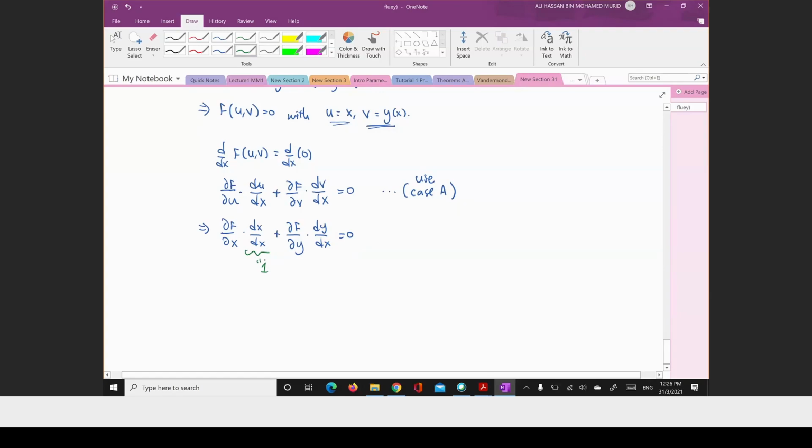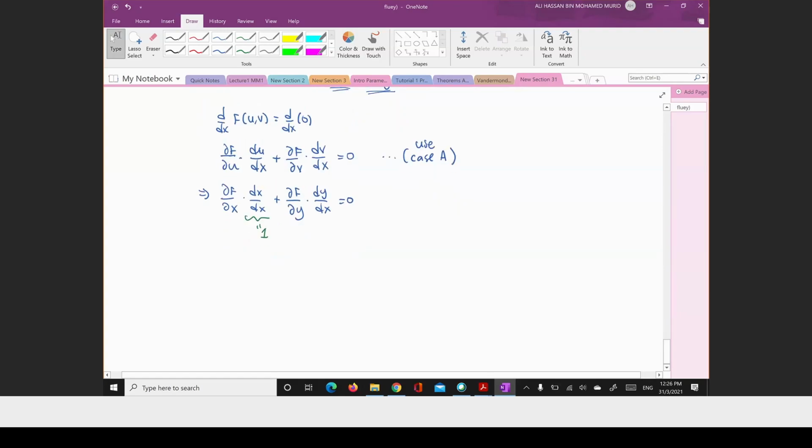So now I can solve for dy dx from this equation: dy dx is equal to minus f partial x divided by f partial y. So this is another formula to compute dy dx if y is defined implicitly as f(x, y) equal to 0.